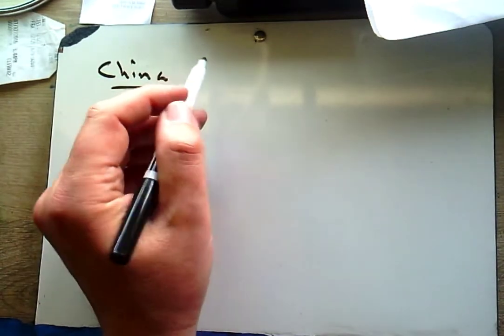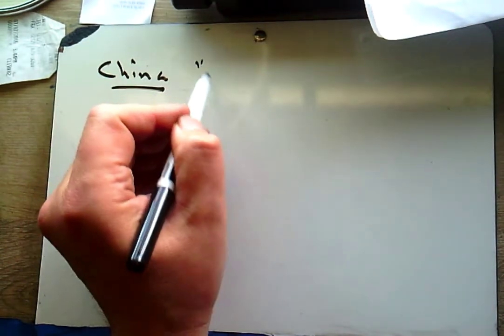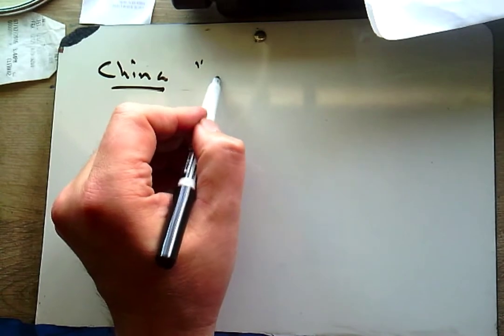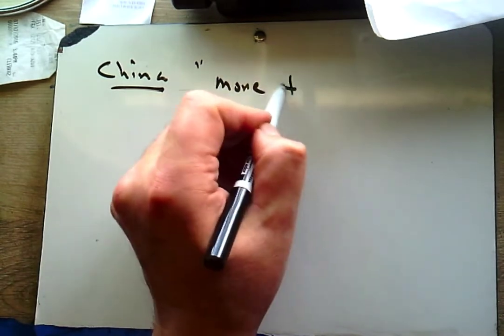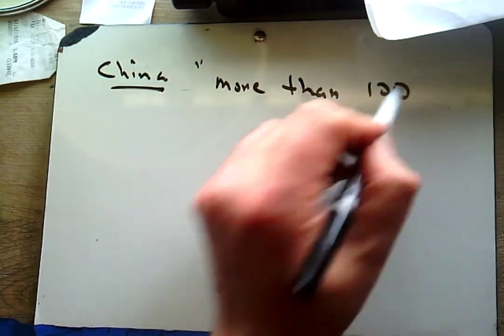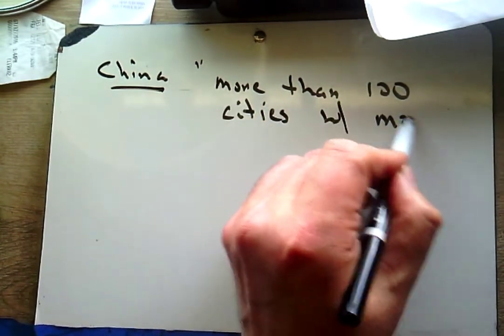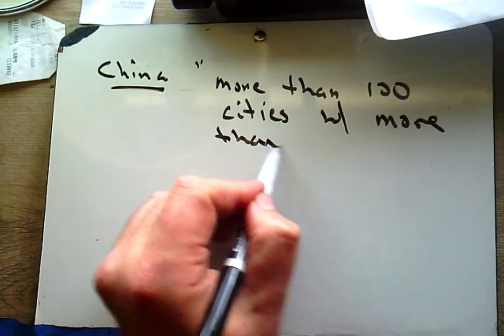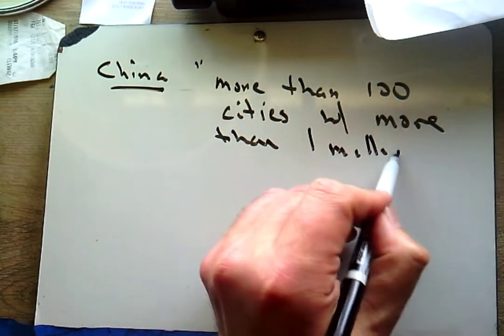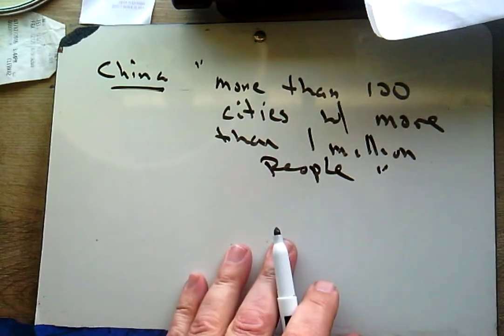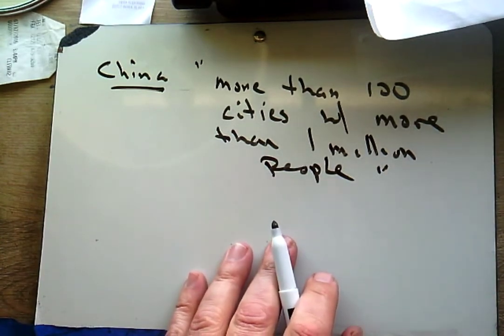And so I haven't actually confirmed this statement, but my understanding is that there are more than 100 cities with more than 1 million people in China. That's a lot of cities with more than a million.